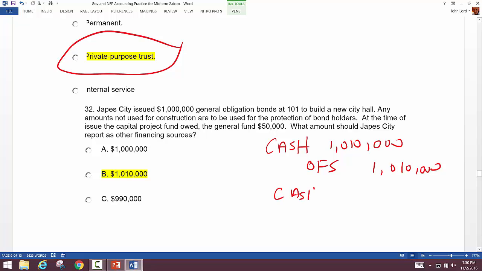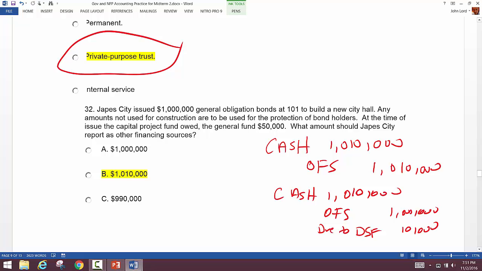Debit the cash for $1,010,000. Credit the other financing sources for just the principal, the $1 million part, and the premium will be due to the debt service fund for $10,000. Remember we talked about that?